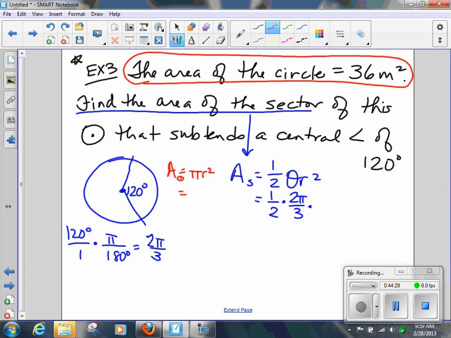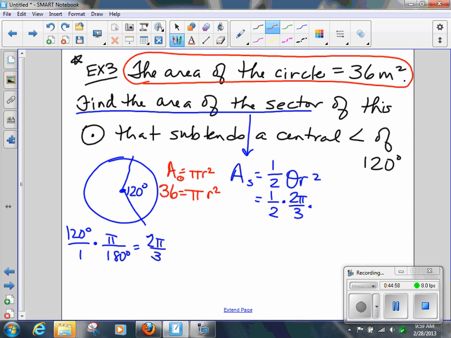We know that the area of this circle is 36. Where do I put 36? It's my area. I can't put anything in place of pi, but will it allow me to find my radius? Hold up. Now, I can't say that it's 1 because I'm not told whether this is a unit circle or not.